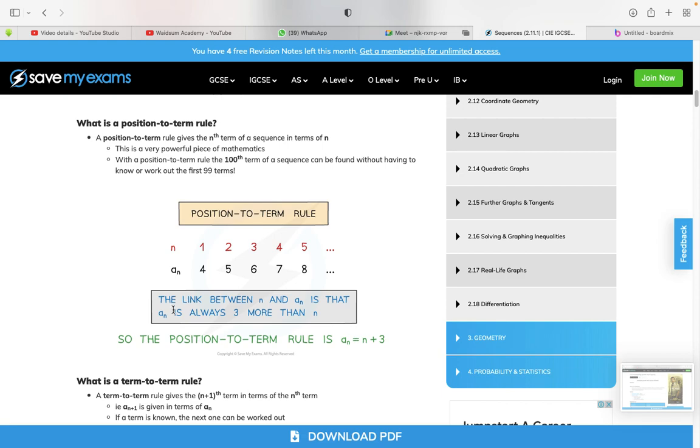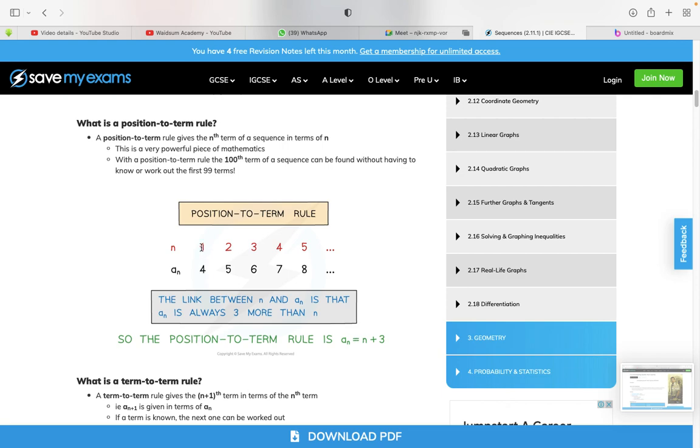What that says is that the link between the position, n, and the term, An, is that An is always 3 more than n. Look at it. Here is 4, here is 1.